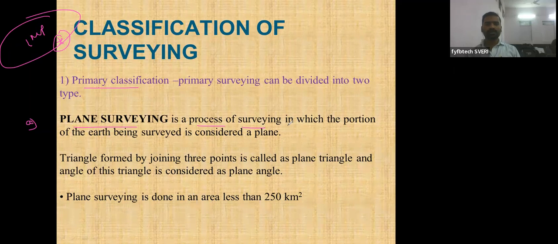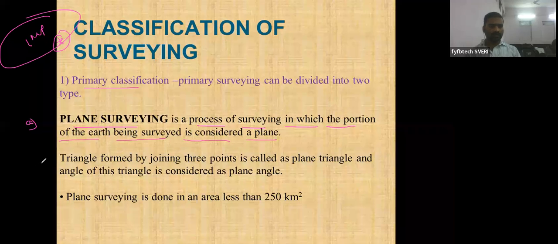It is a process of surveying in which the portion of earth being surveyed is considered as a plane. Underline the word plane. In that one only, next point.